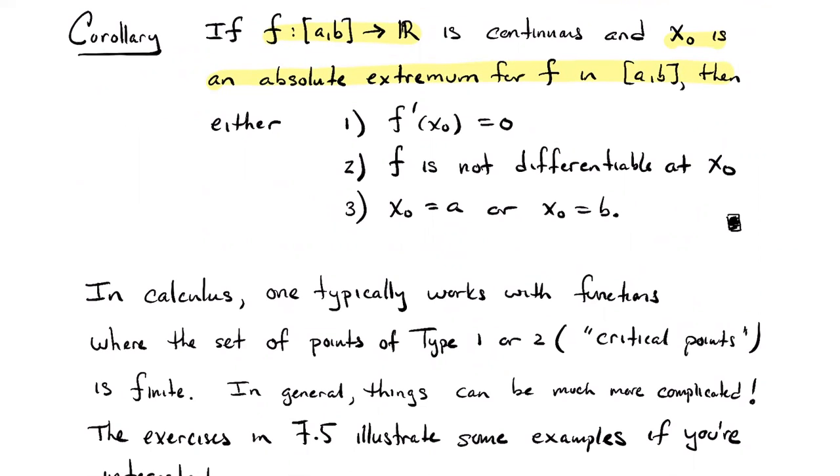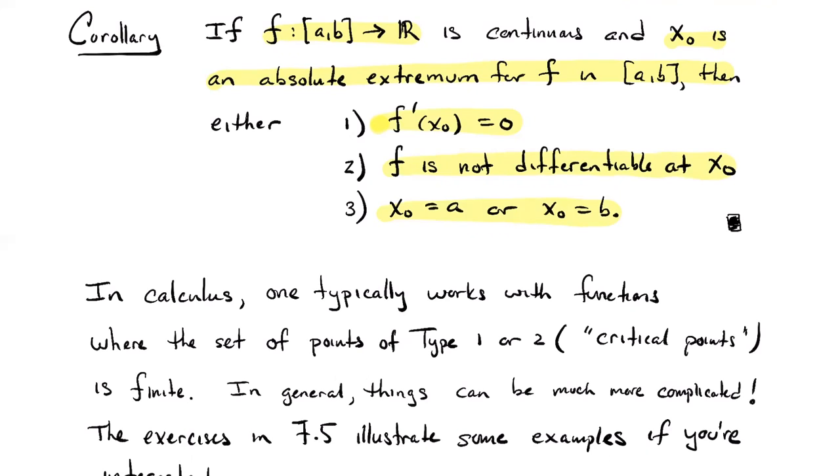Because if it's an absolute extremum, either it could be a local extremum, and if the function is differentiable there, we just proved that the derivative would have to be zero. Okay, it's possible that the function's just not even differentiable there, or it's possible that one of the points is an endpoint of the interval, in which case there's no open interval around it to be a local extrema, because it could literally not be defined for x less than a or x less than b.